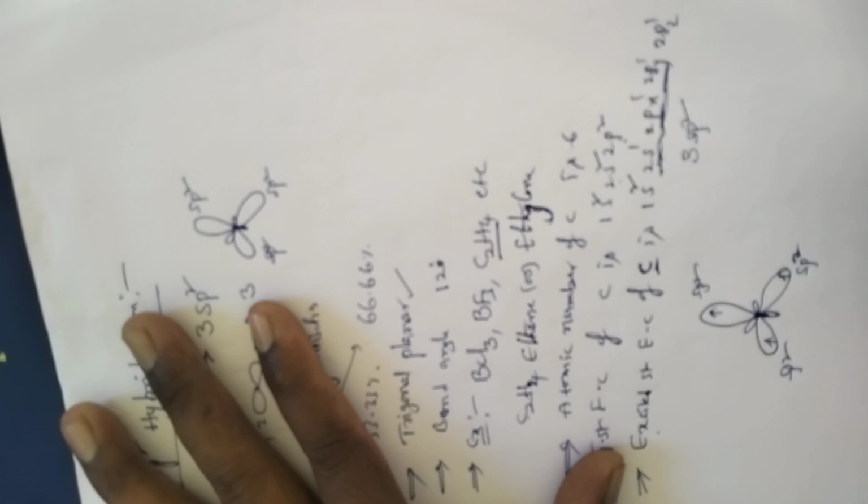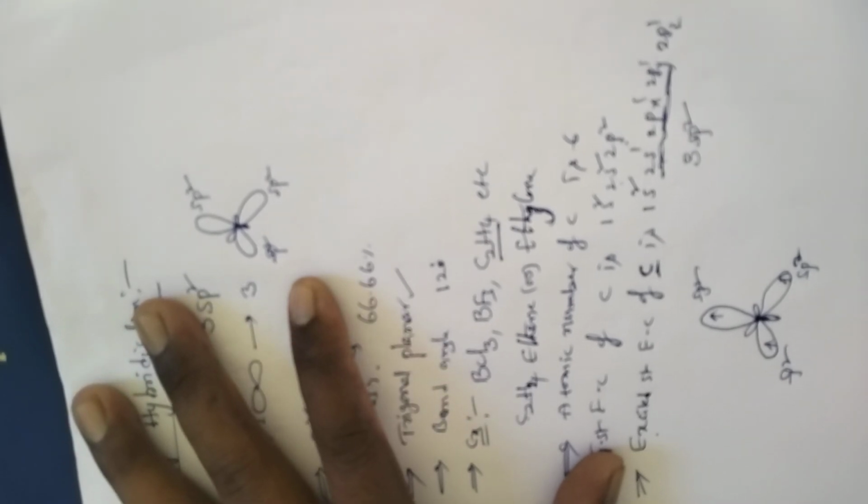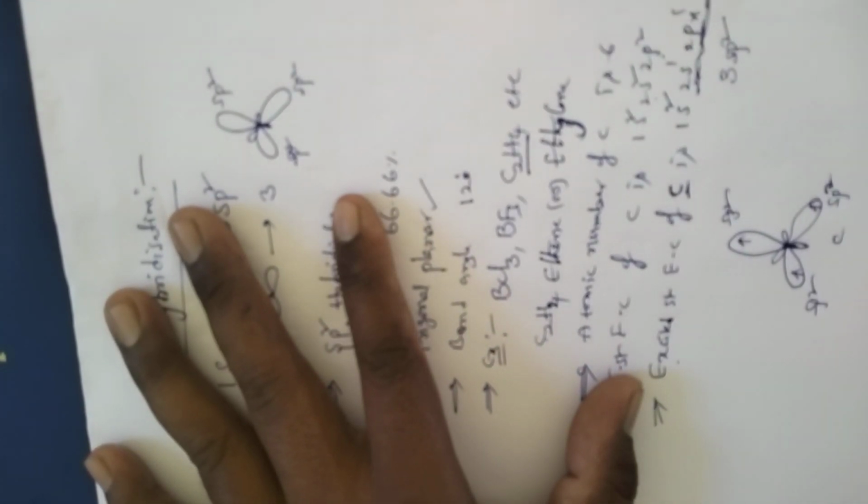1 sp2, 2 sp2, 3 sp2. Each sp2 hybrid orbital has an unpaired electron of one carbon atom.